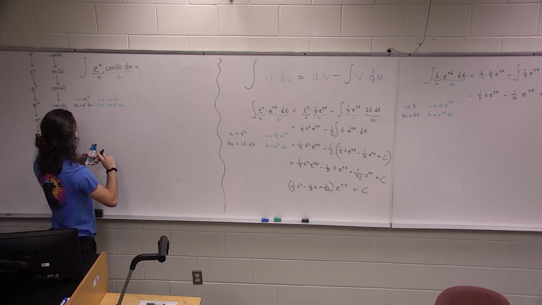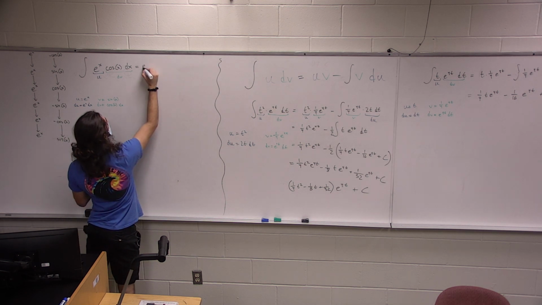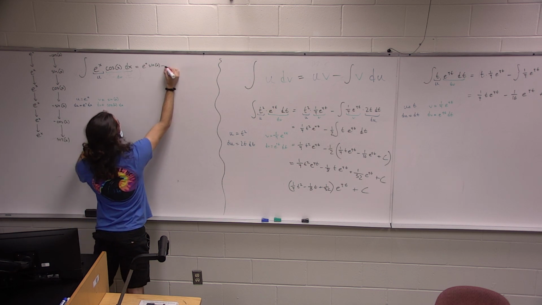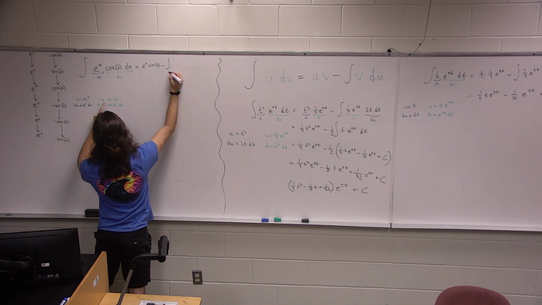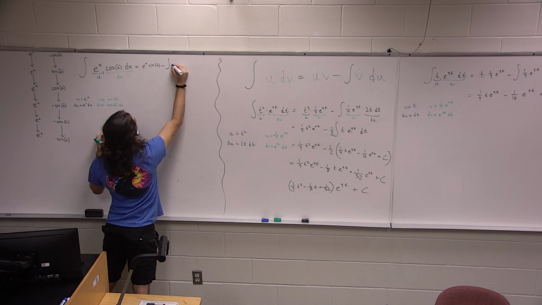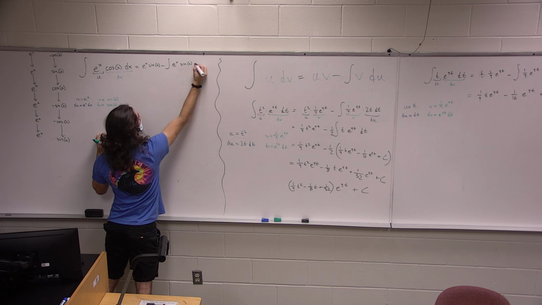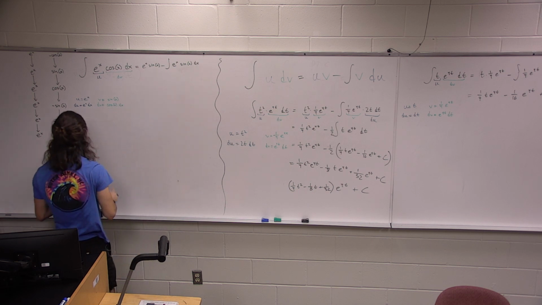We want u times v minus the integral of v du. So v du is actually going to be that.